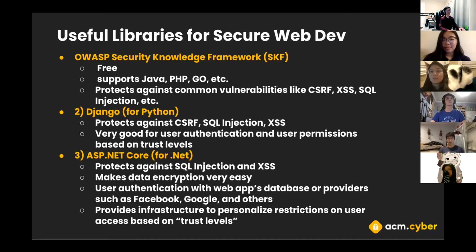It helps with user authentication, not just with your database, but also with external providers. Whenever you log into something and you see the option to log in with Facebook or log in with Google, or I've seen some really weird ones, ASP.NET can help with handling those authentication processes. And just like Django, it also lets you restrict access to databases based on trust levels.